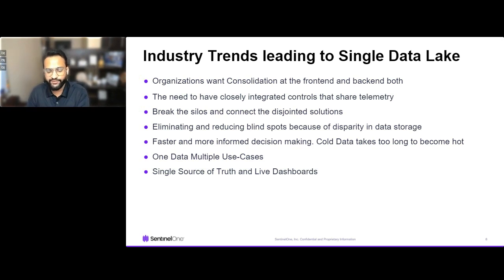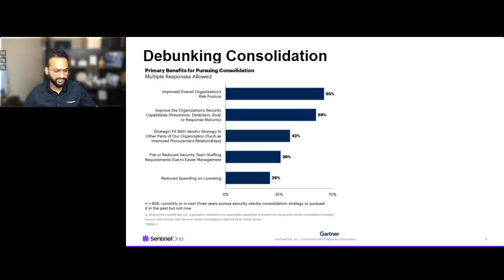that the industry would benefit from the data lake architecture, or single data lake architecture, to be precise. And it's very important that we also debunk the word consolidation, as I was alluding to, the fact that consolidation is understood differently in different circles, and most of the time it's misunderstood more than it's understood correctly.